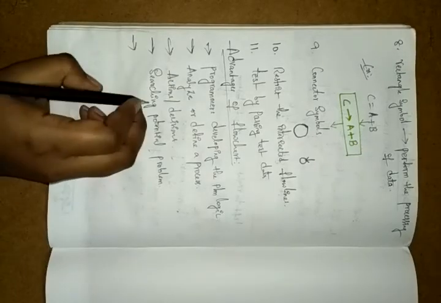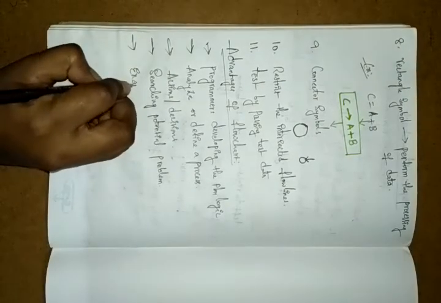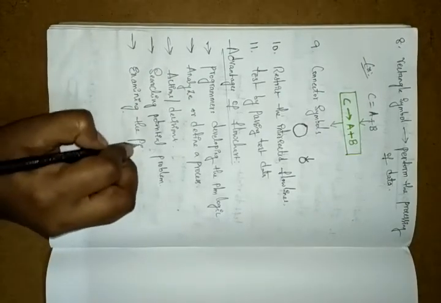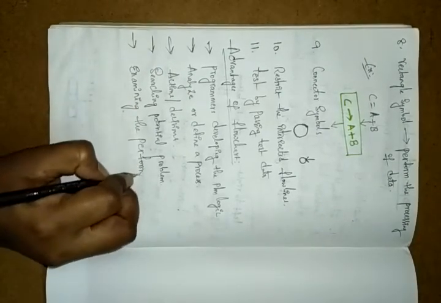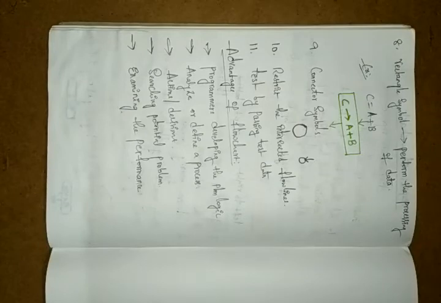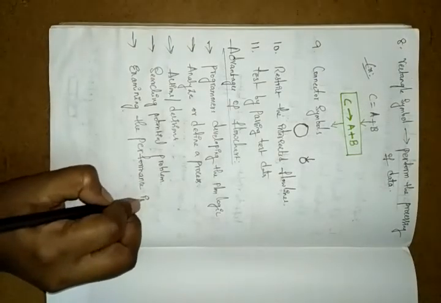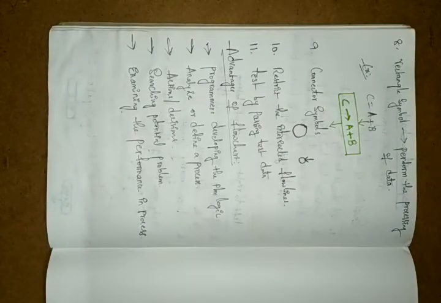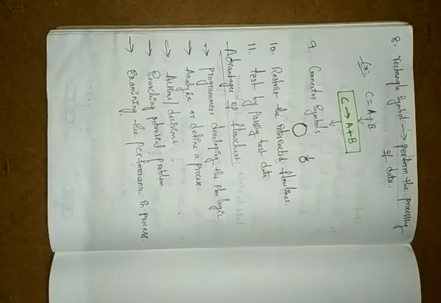For those who are watching the flowchart description, it is more effective and gives more help with the performance of the process. So these are the advantages of the flowchart.